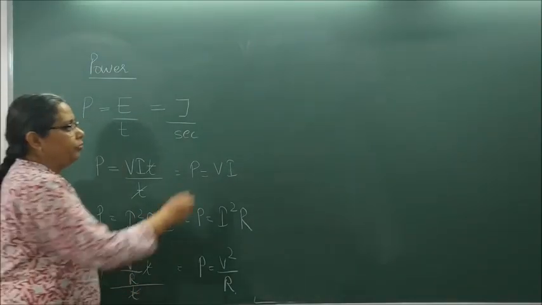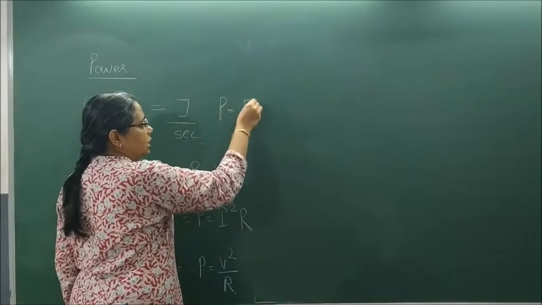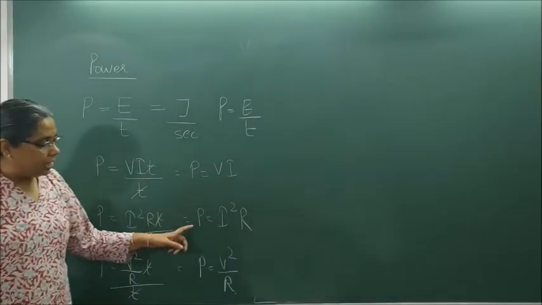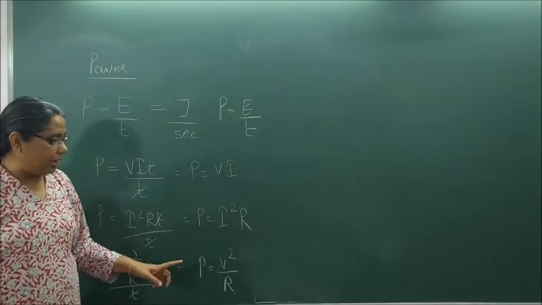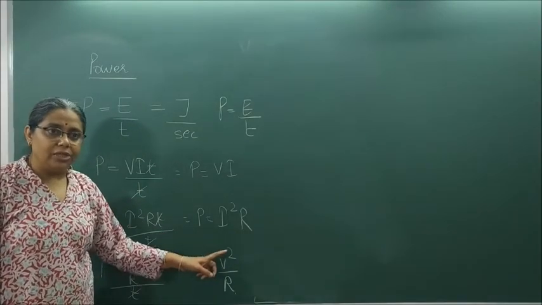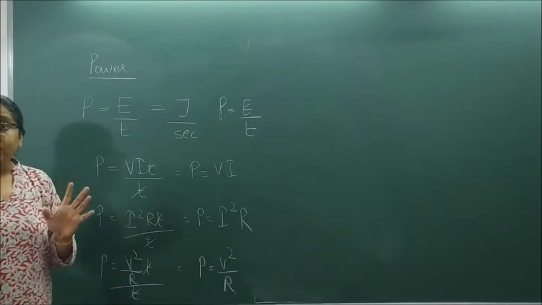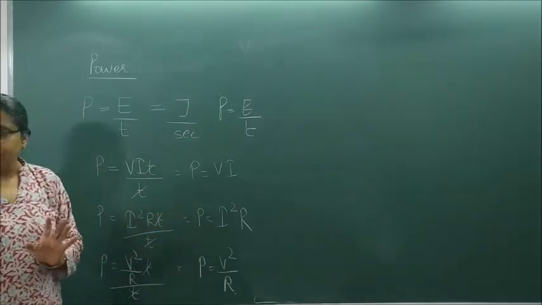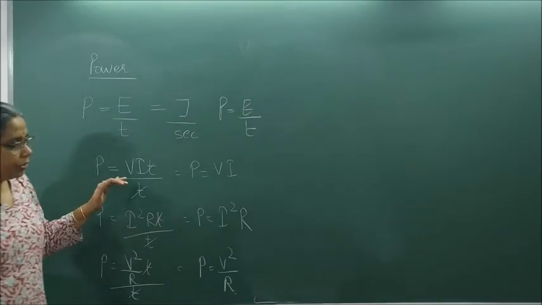These are the 4 formulas of power. P is equal to E by T, P is equal to VI, P is equal to I square R and P is equal to V square by R. Depending on what is given, you will substitute. How do you define power?